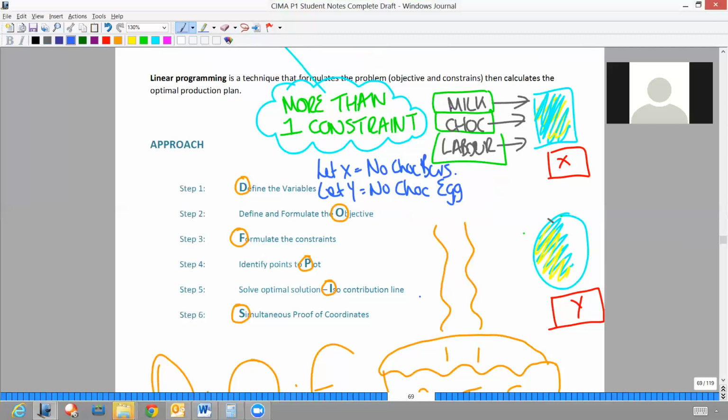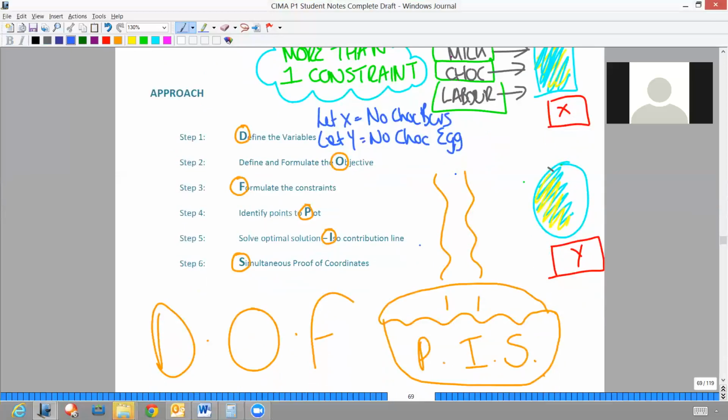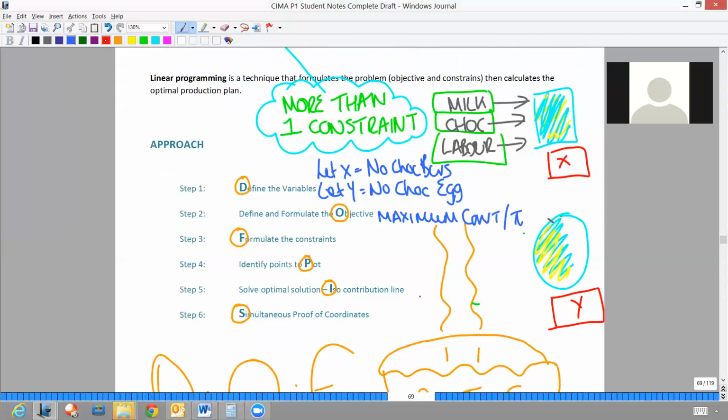You then need to define and formulate the objective function. So this is your O. So we've defined the variables. Now we formulate the objective function. And the objective function is simply saying, what am I trying to achieve? And what you're trying to achieve is maximum contribution or profit. So let's say my contribution per unit for our chocolate bar is $10 and my contribution per unit for our eggs is $8.